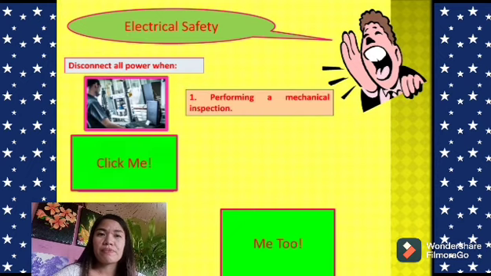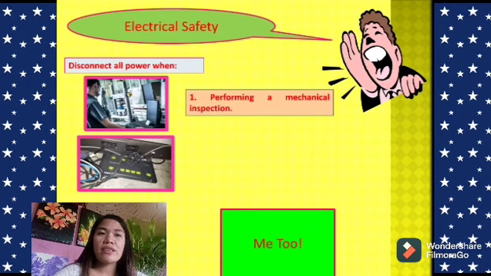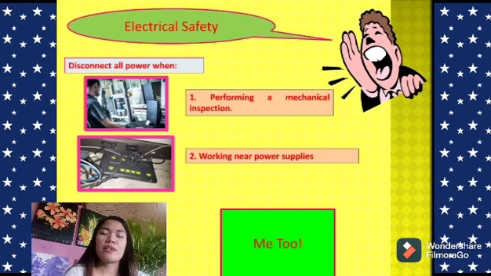Right? Okay, next is working near power supplies. It is not advisable to work near the power supplies. Why? Because working near them may cause trouble.